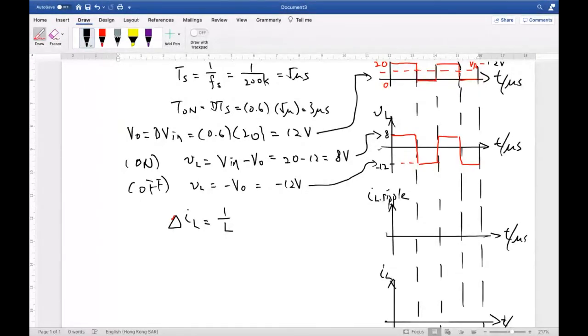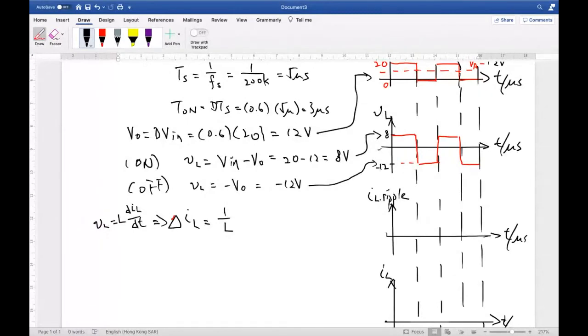It is because it comes from the basic definition of the inductor voltage, right? This one. Okay, the delta IL is here, and 1 over L, and so this should be the VL. So VL during the on state, or we can use the off state this time.